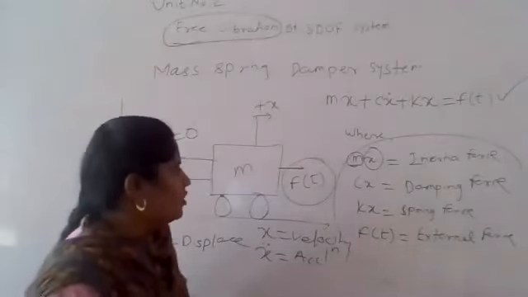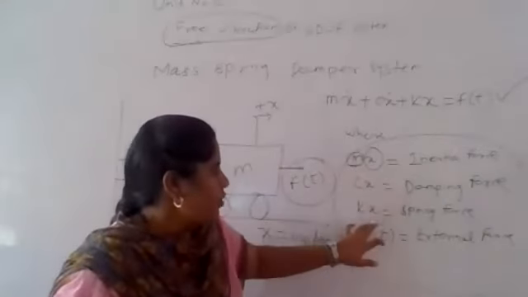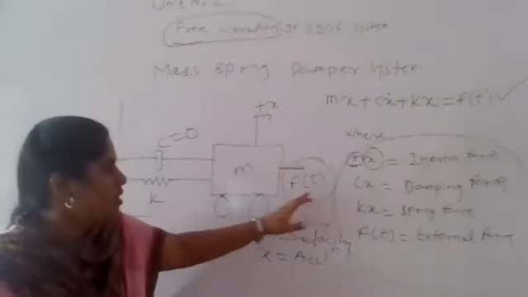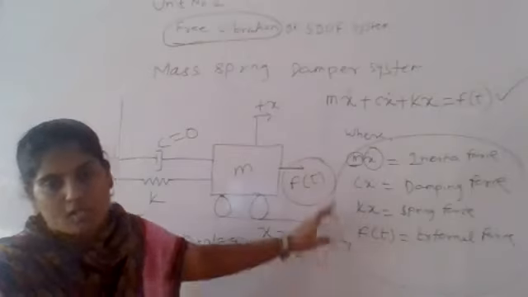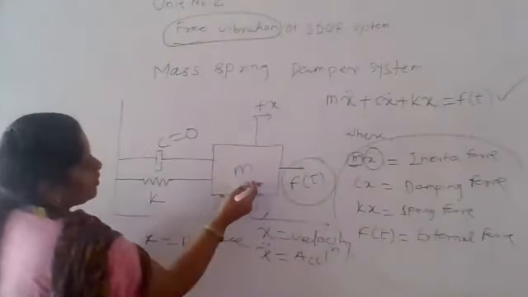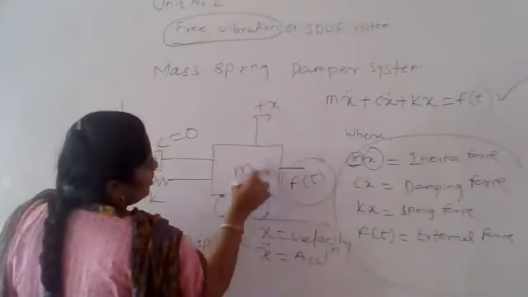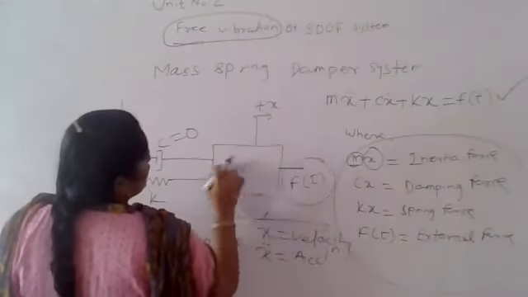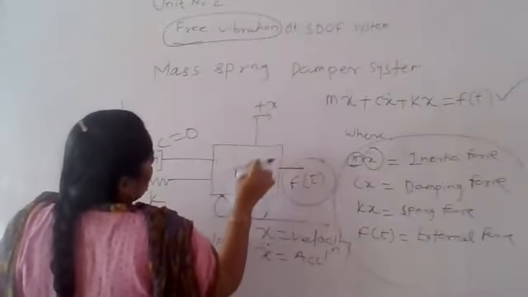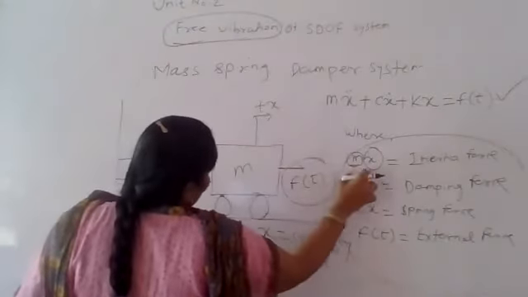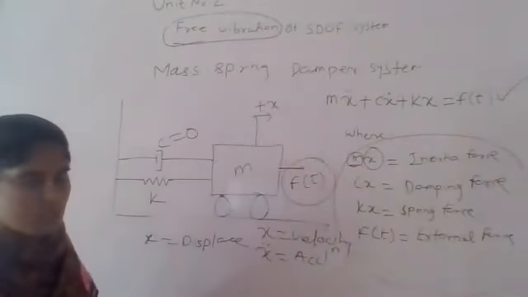Okay, so based on this, the inertia force, damping force, and spring force produced in the system are all internal forces, and that f of t value is the external force applied to the system. And based on this, the m coefficient is related to the inertia force, so m is proportional to changes with respect to x double dot, that is m into a, that is m into x double dot, mx double dot, the inertia force produced in the system.